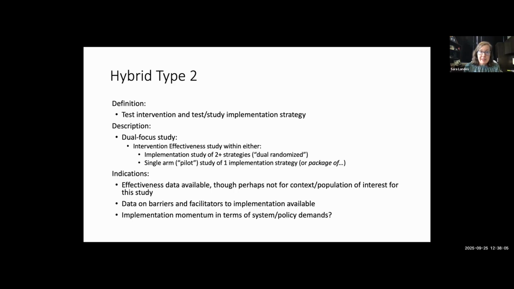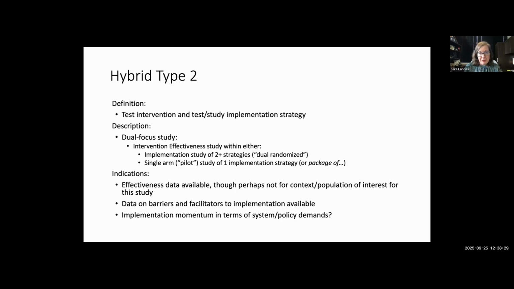The more complex and resource intensive type 2 is dual randomized hybrid type 2, where you're implementing an implementation study of 2 or more strategies. So you're randomizing places to one or the other strategies or strategy bundles, and you're randomizing folks to get the thing or not get the thing.